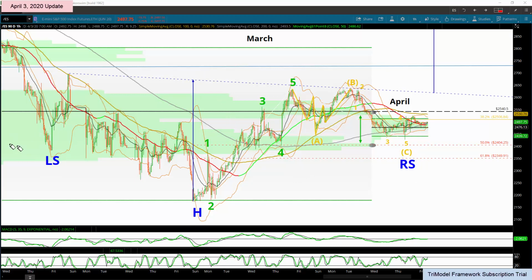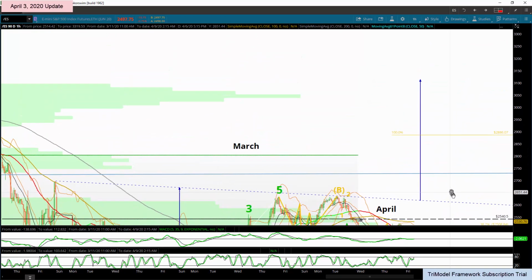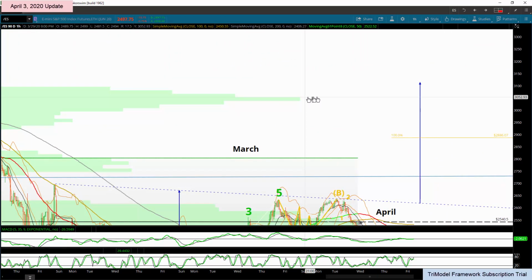Okay? What is its objective? If you measure the distance from the bottom of the head to the neckline, we're talking about 31.15 or so. Let's call it 31.15.